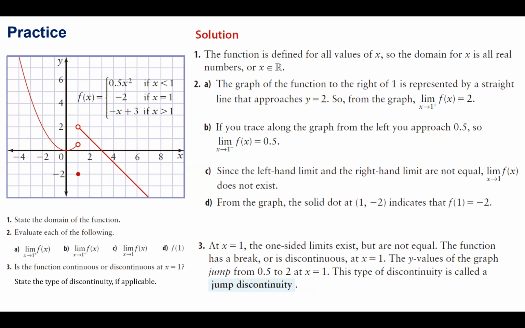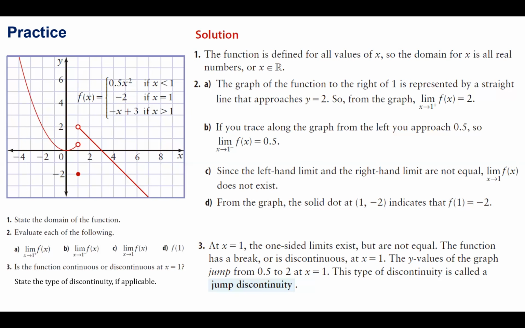Second, the graph of this function to the right of 1 is represented by a straight line that approaches y equals 2. So from this graph, we can evaluate the limit of f(x) when x approaches 1 from the positive side. Okay, do not forget the small plus symbol on top right. Equals 2. Then if you trace along the graph from the left, you approach 0.5.